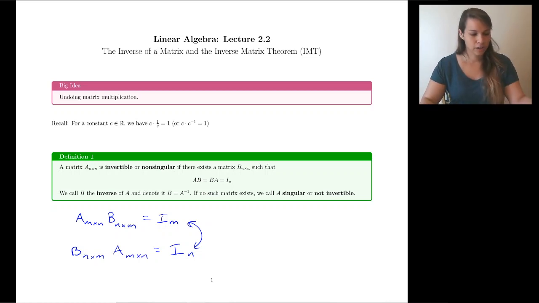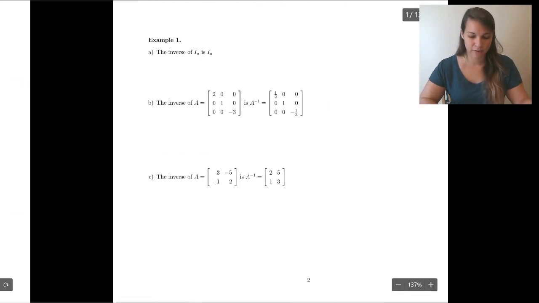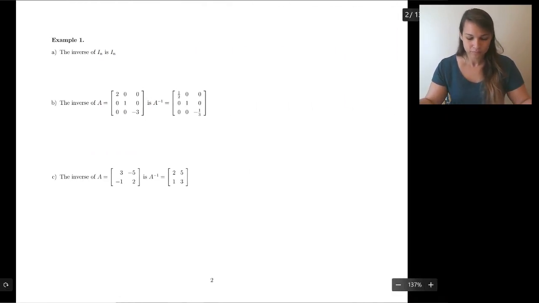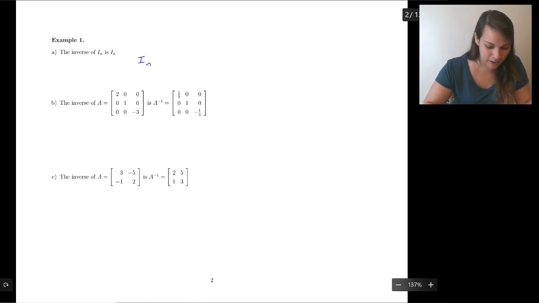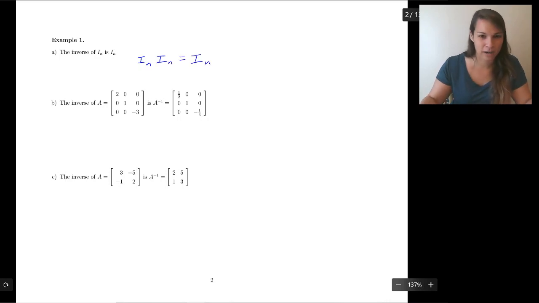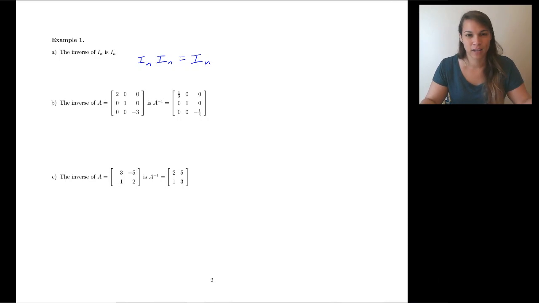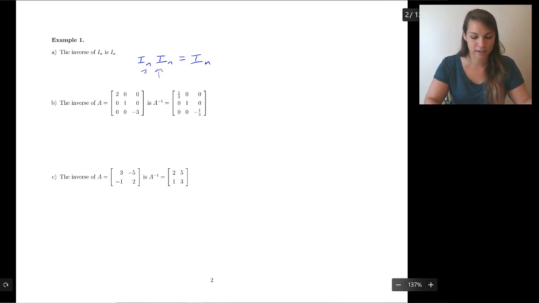Okay, so let's look at some inverses real quick. Obviously, the identity matrix is its own inverse. That's because when you write it down, the identity matrix always gives back whatever it's being multiplied by, which would be itself in this case, and you can do it on either side. Okay.